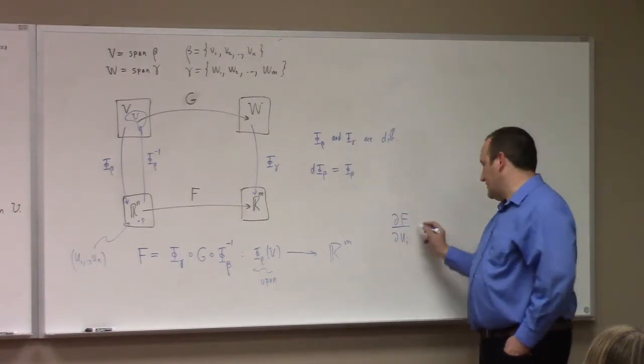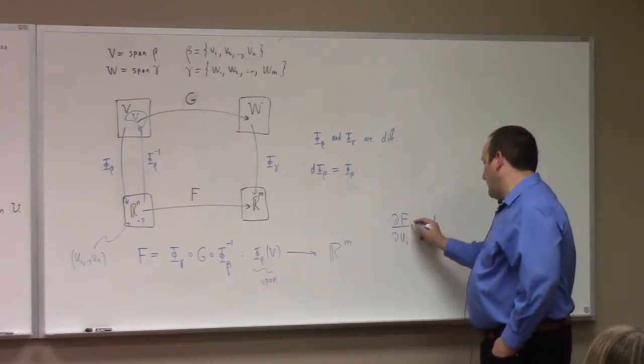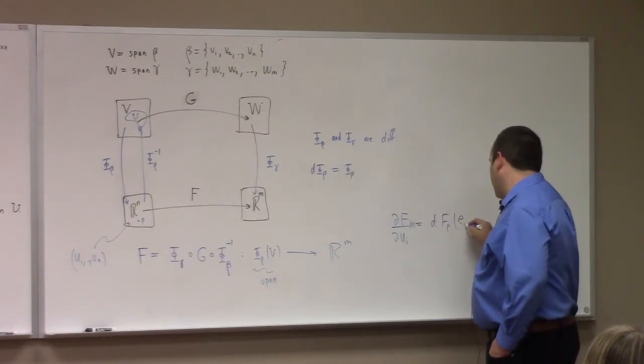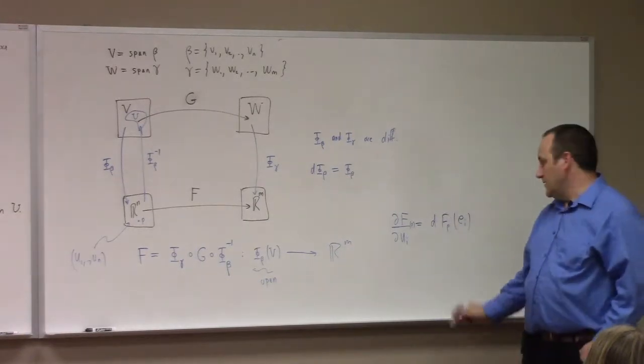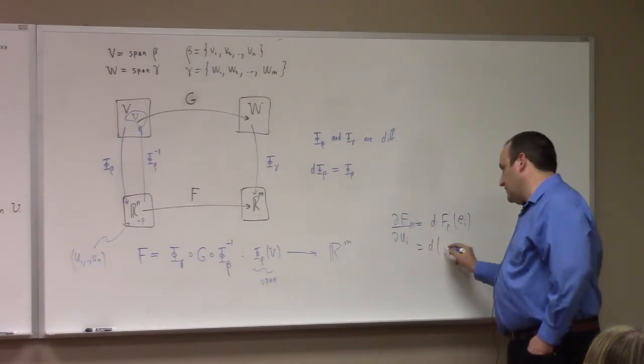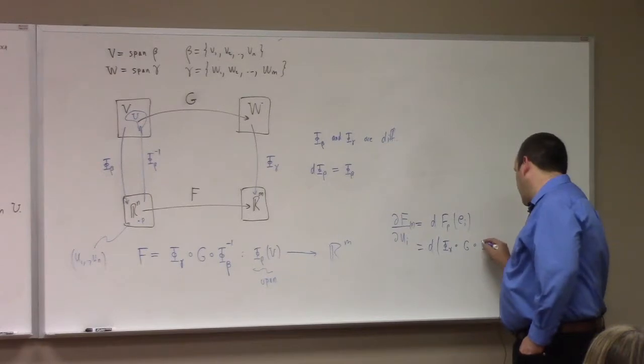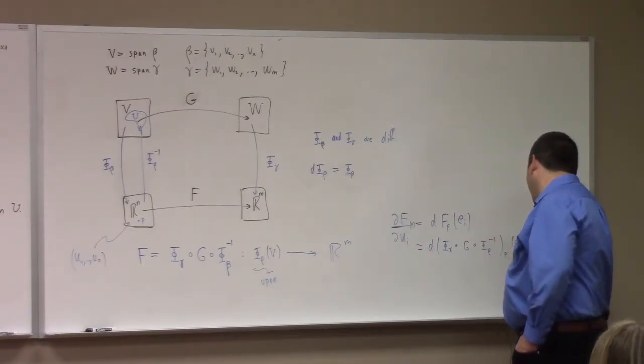In other words, if I look at the point P, this is dF_P of e_i down there. But that's D of phi gamma composed with G composed with phi beta inverse, at P, e_i.